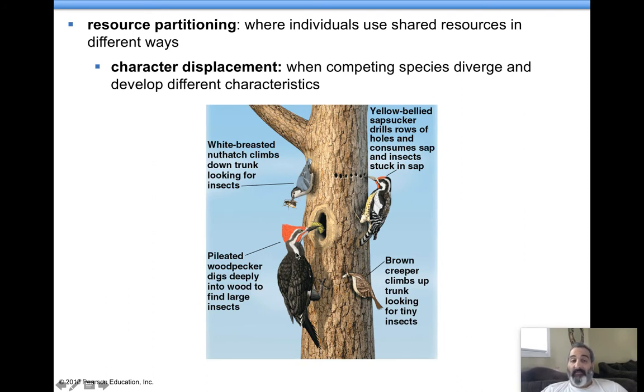With this limited food source, nature will select for certain types of beaks, for example, in these birds. And that's called character displacement. Certain characteristics get displaced, they're gone, while other characteristics, you might start seeing them flourish.